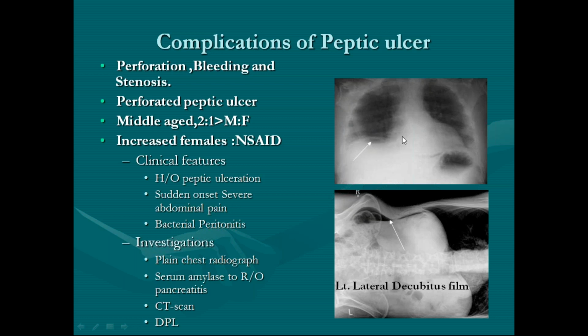Air under both domes of the diaphragm, or a crescent-shaped shadow signifying air under the right dome of the diaphragm, is the diagnostic feature of hollow viscus perforation. Here, what is the hollow viscus? It can be the duodenum or the stomach. Remember, understand. So which ulcers usually perforate?